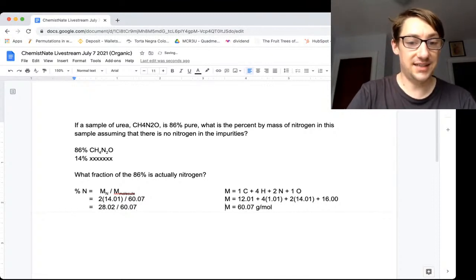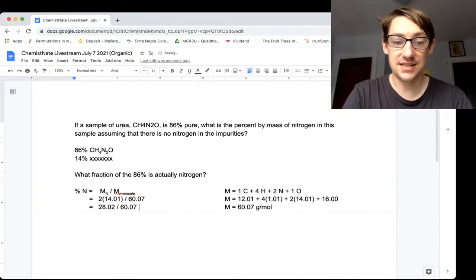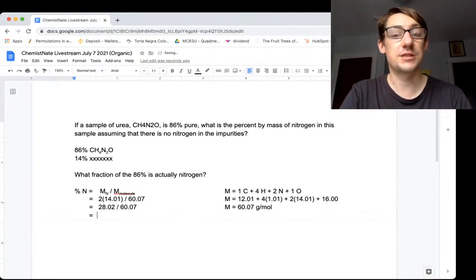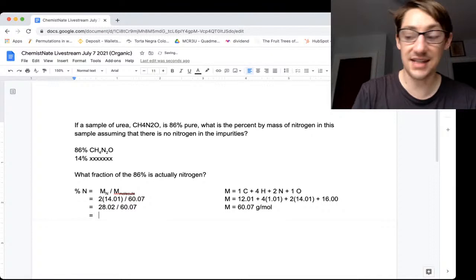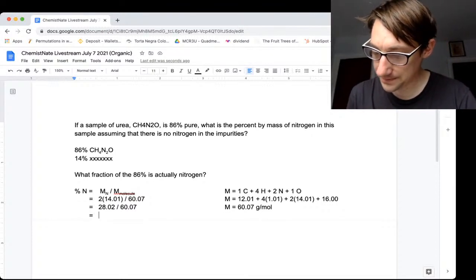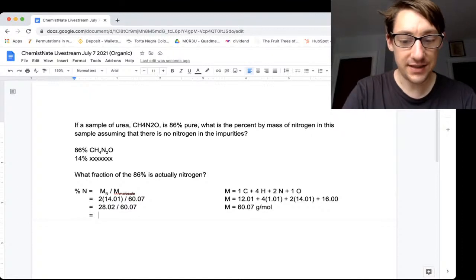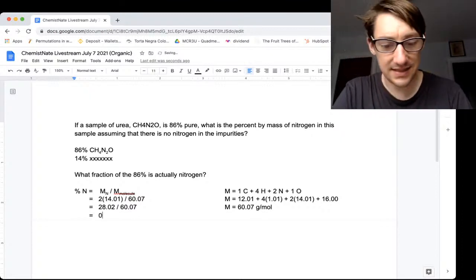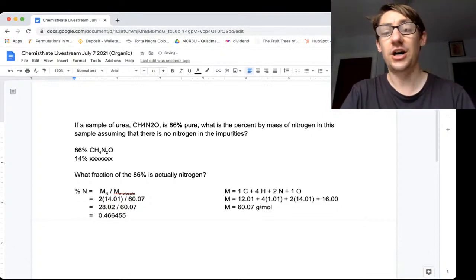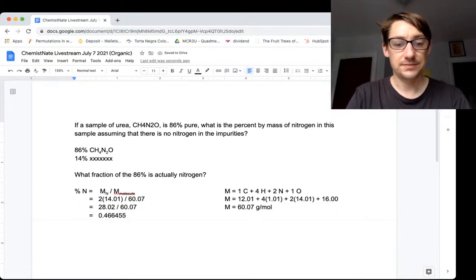What we're actually calculating here is the percent composition of urea, more specifically the percent by mass of nitrogen in urea. 28.02 divided by 60.07 is 0.466455. I'm carrying a lot of decimal places here, almost too many.